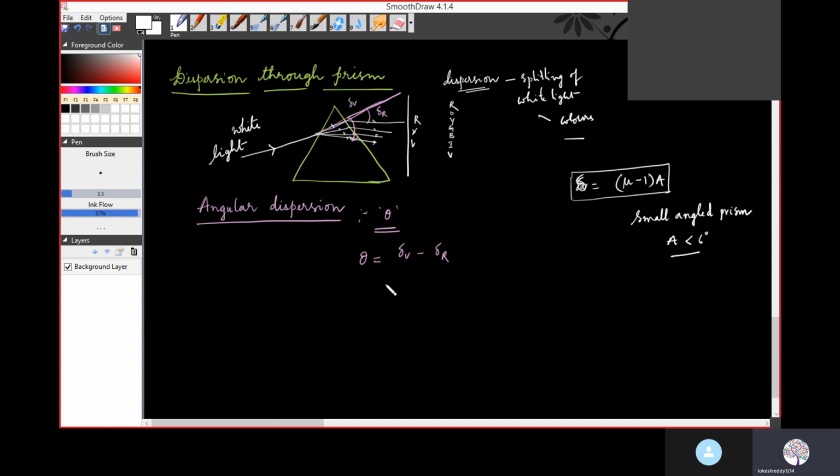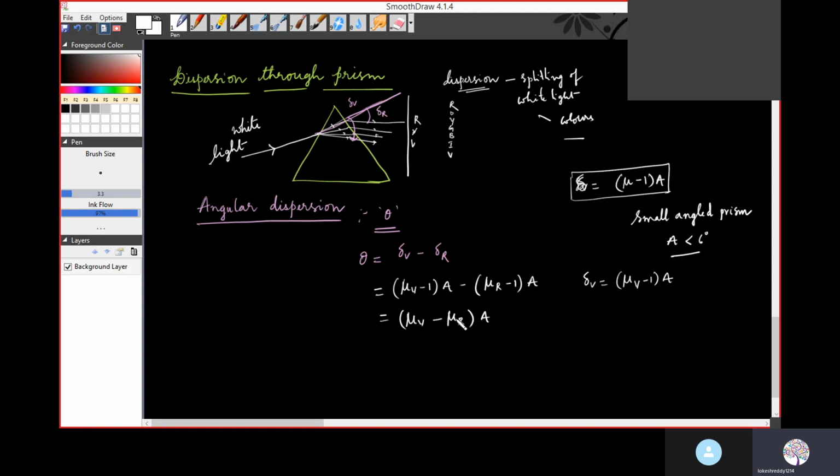So here for violet, deviation of violet is equal to refractive index of violet minus 1 into A. Substituting this: refractive index of violet minus 1 into A, minus refractive index of red minus 1 into A. That gives us mu V minus mu R into A, because minus A and minus of minus plus A will get cancelled.